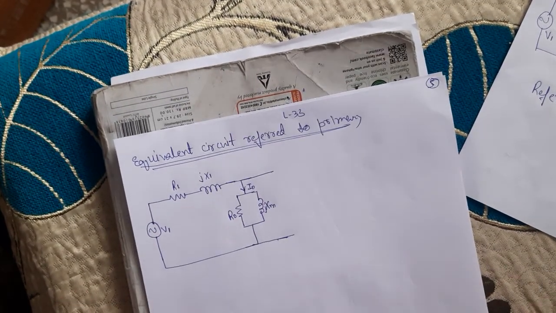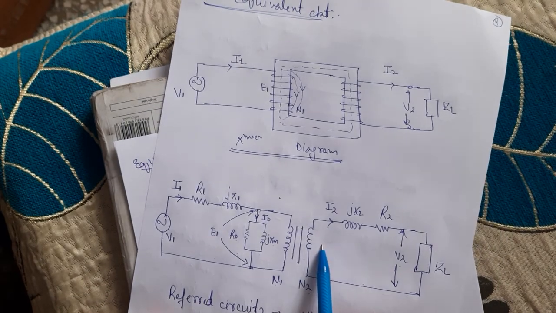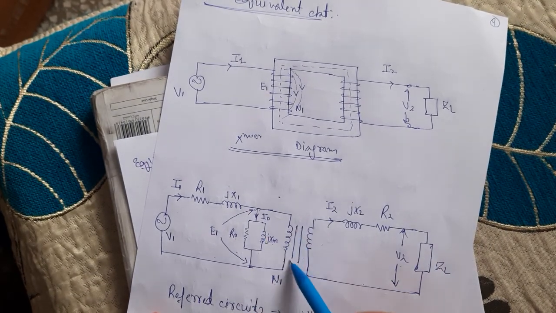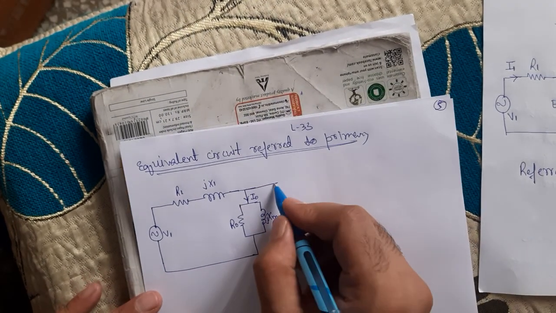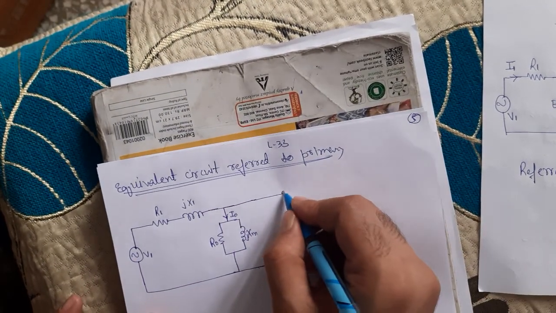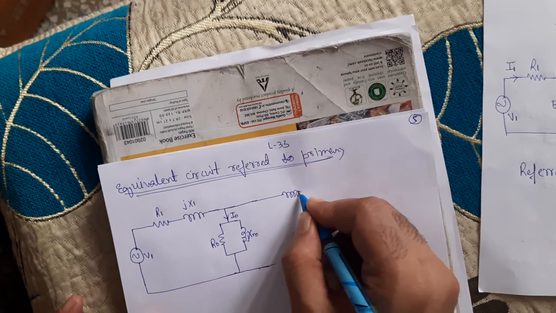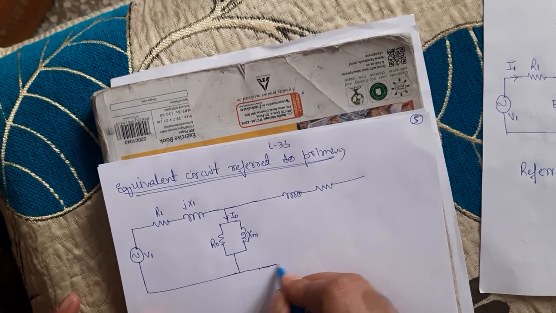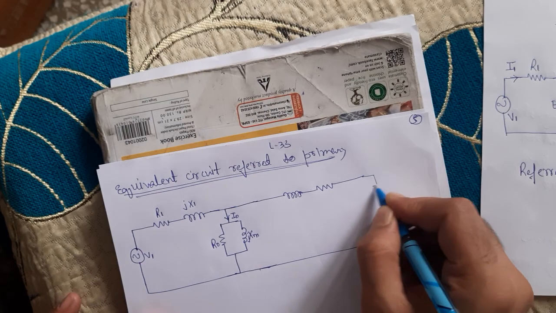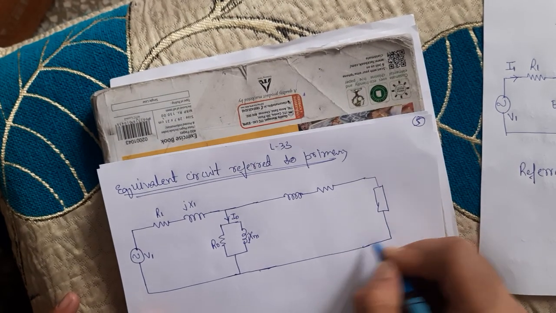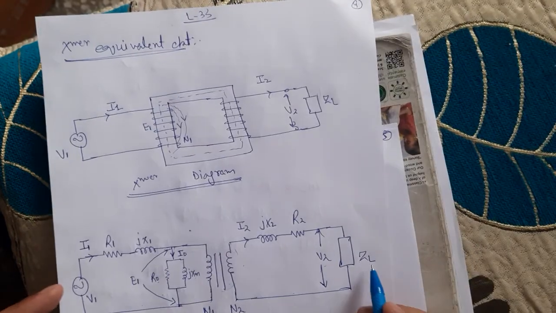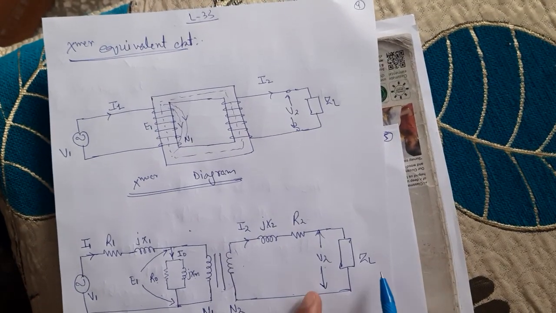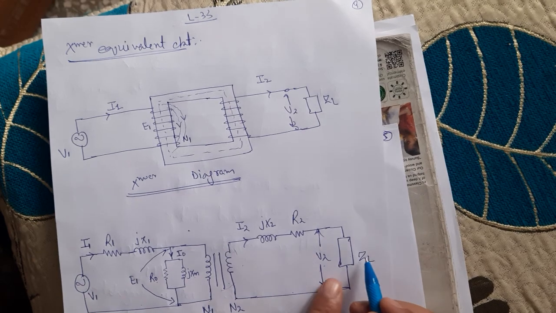Now if I am referring this secondary circuit to the primary, this component in the circuit will vanish. So it will become like this. Now we have the secondary reactance, secondary resistance, and secondary load, which is ZL. When these quantities are referred to the primary side, they are represented by a dash.